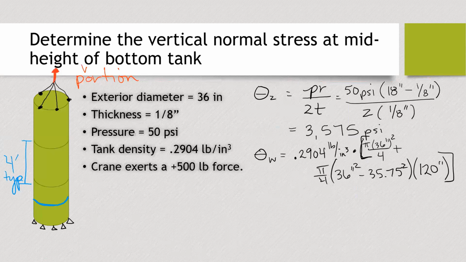That first pi times 36 squared divided by 4, that's the cap? That is representing the cap. So you want to multiply by the thickness for that cap? We do, you're right, because it needs to be a volume. Yeah, thank you. Is that what your disapproving look was about?